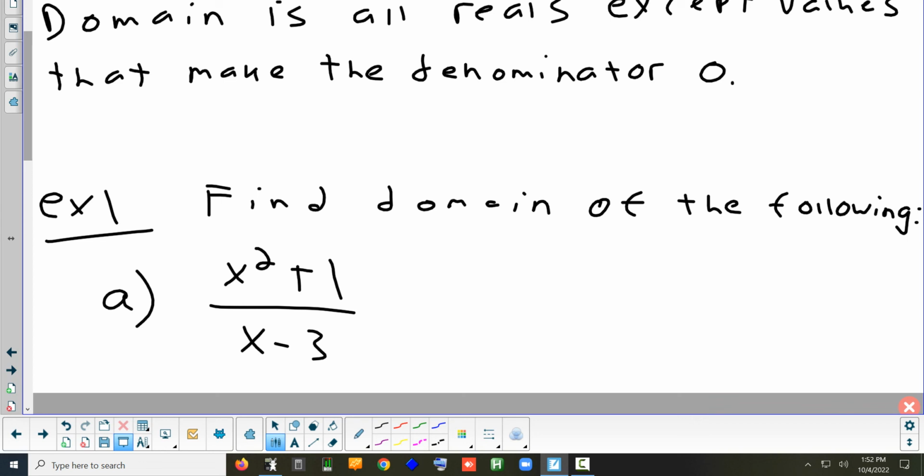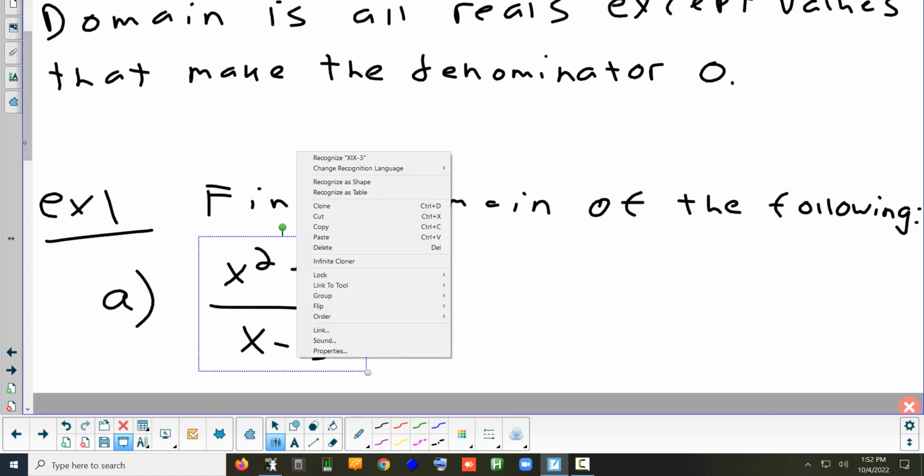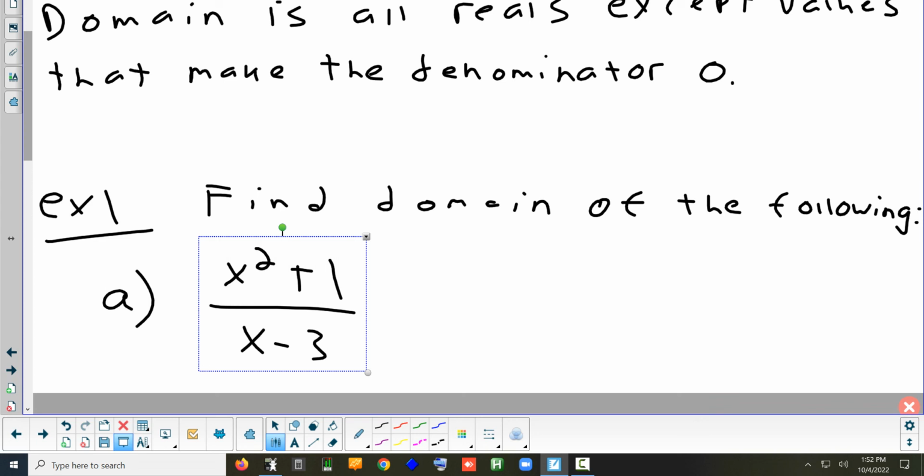What number, or if you think there's more than one, tell me numbers, but what do you think you cannot use for x in that case? Right? 3. 3 minus 3 is 0. So the domain is everything except 3.